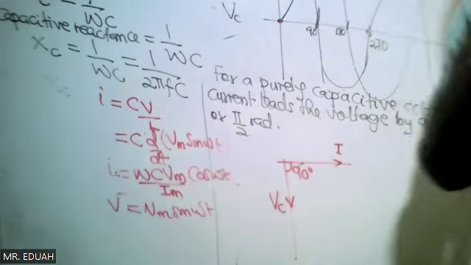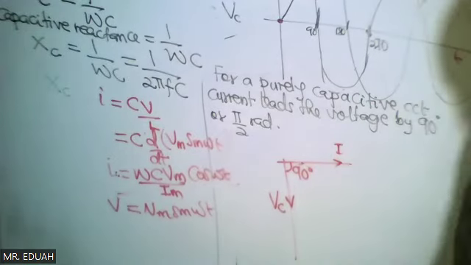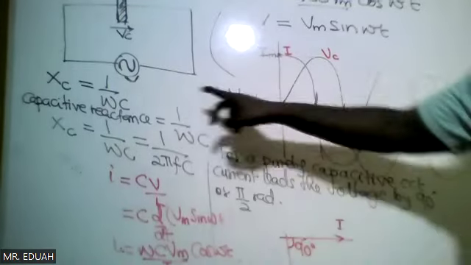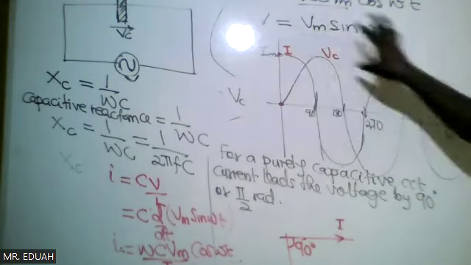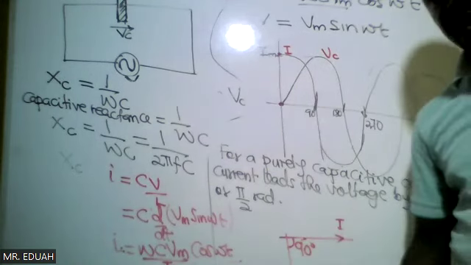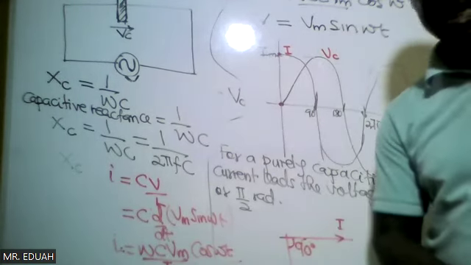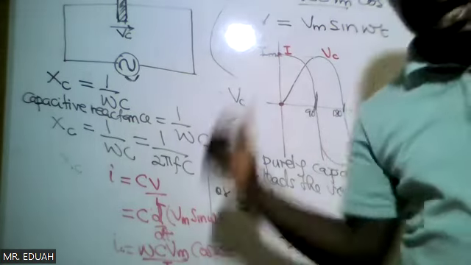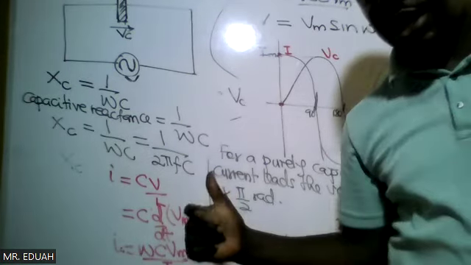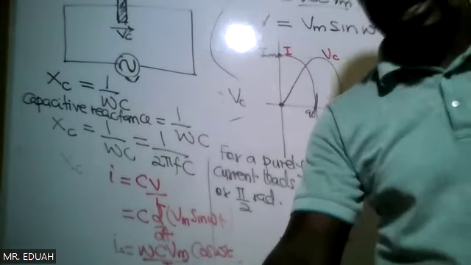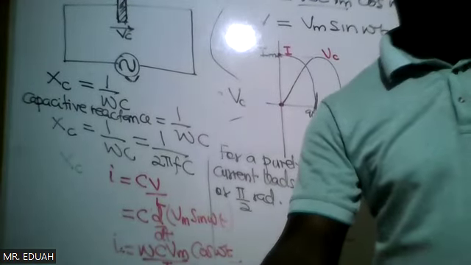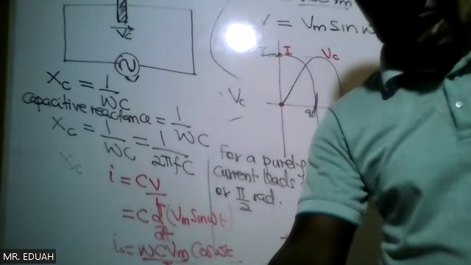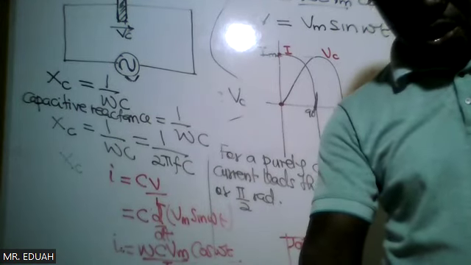So please spend time to go over all that we've done up till now: how we got XC to be equal to 1 over omega C, then the phasor diagram and the waveform for a purely resistive component, then a purely capacitive component, and then what we are left with is a purely inductive component, which we will look at tomorrow. So please let's end it here and continue tomorrow.